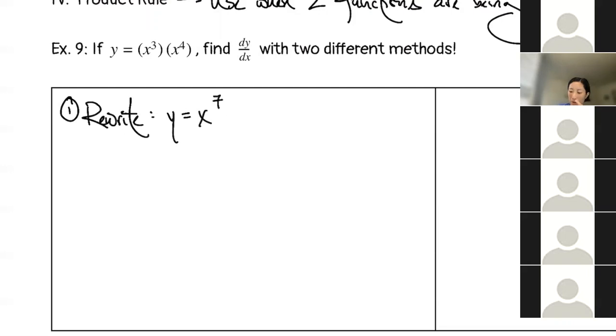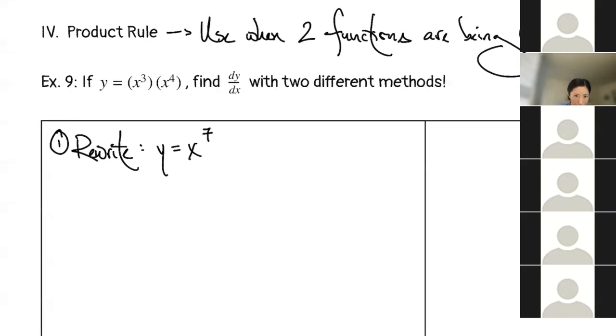Now I'm wondering if we could pause here for a moment, because exponents and their rules are oftentimes confusing for folks. How come it's x to the 7th and not x to the 12th, right? That would be another answer I could see people giving. But how do we know we're adding them here? What about this tells us that we should be adding and not multiplying?